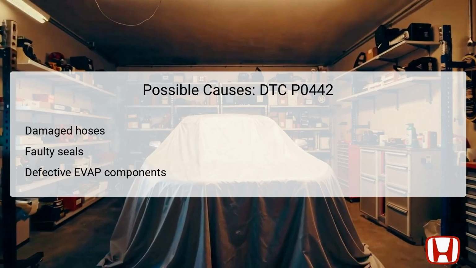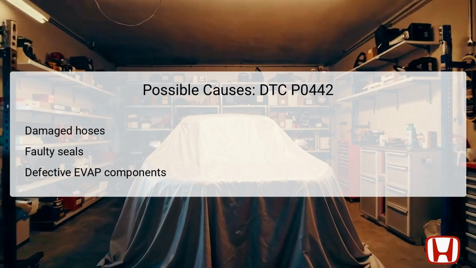There are several potential causes for the P0442 DTC. One significant factor could be damaged hoses, particularly those connecting the EVAP canister to the fuel tank or the purge valve. Wear and tear from heat, road debris, or age can lead to cracks or punctures in these hoses.